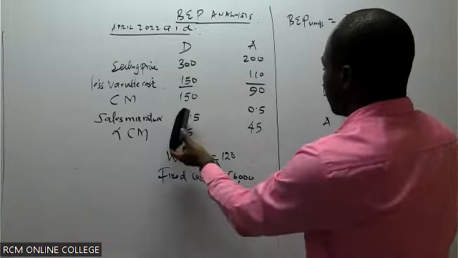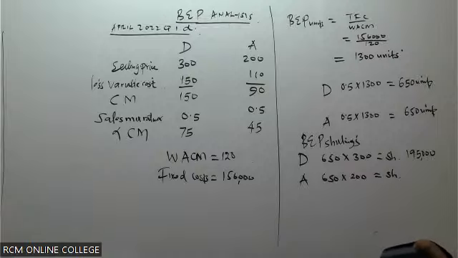So the break-even point in shillings, we are going to have D having 650 units multiplied by the selling price per unit. A having 650 multiplied by selling price per unit. Please go ahead and give me the amounts for D. So D, I'm told, is equivalent to 195,000. A will be equivalent to what figure? 130,000.